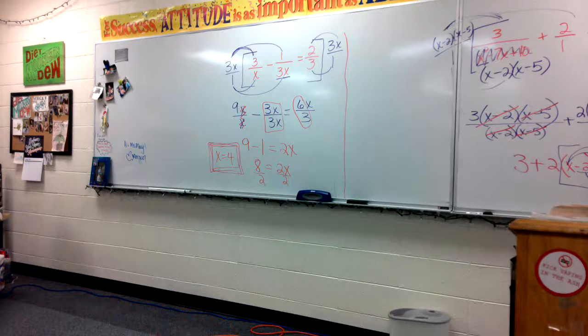That means either x minus 5 equals 0 or x minus 3 equals 0. Add 5, and you get x equals 5. Add 3, x equals 3.